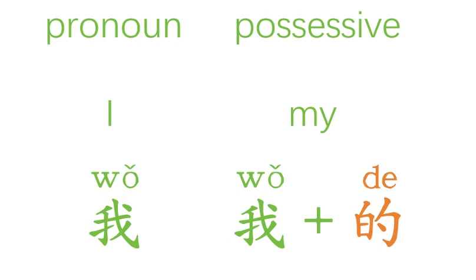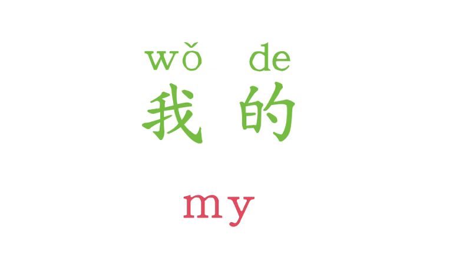And this is exactly the possessive my. So to say my, we say 我的. Literally, we say I together with the possessive marker 的. Very straightforward, right?